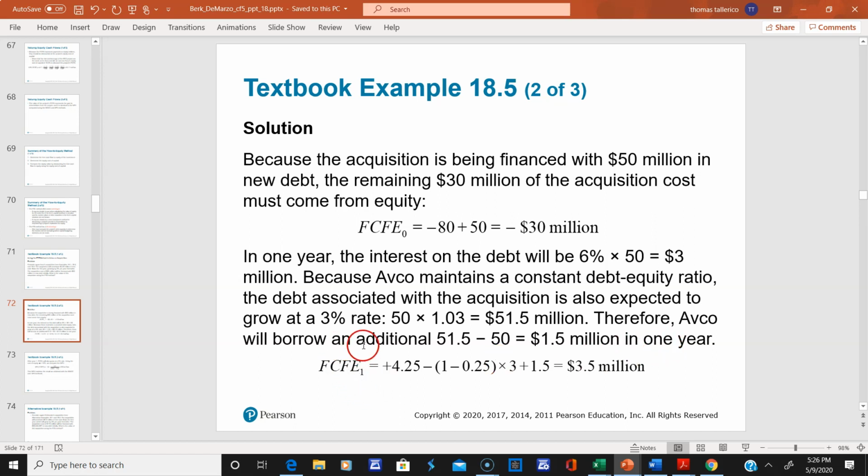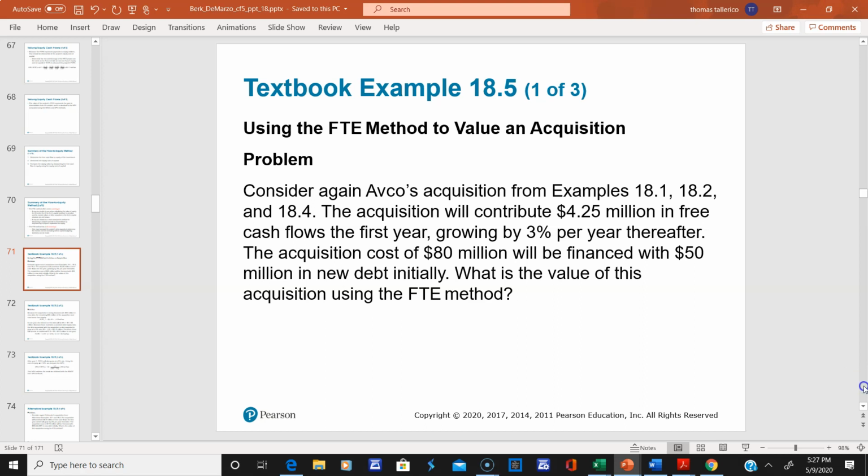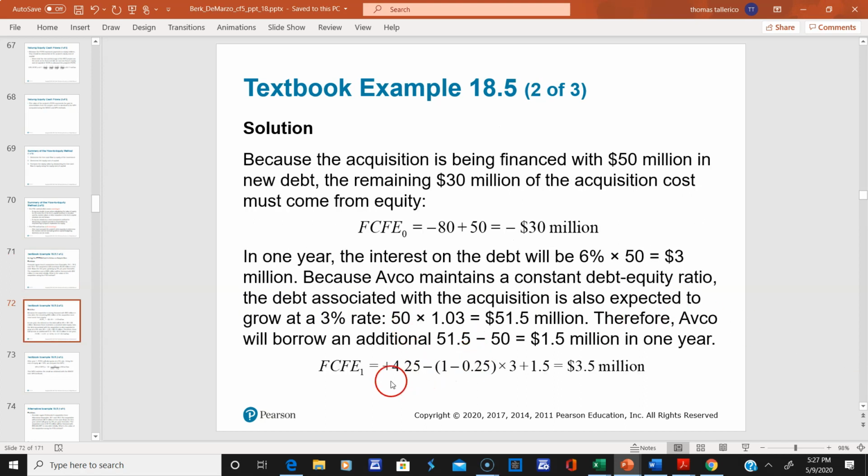So the free cash flow to equity now, again, is $4.25 million, right? Minus 1.025 times 3 plus this extra 1.5 million. So these are the free cash flows, right? Forever.